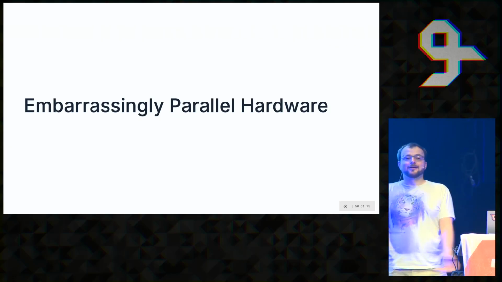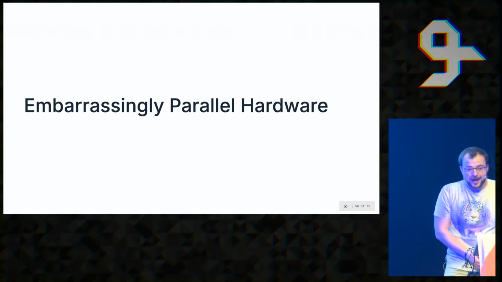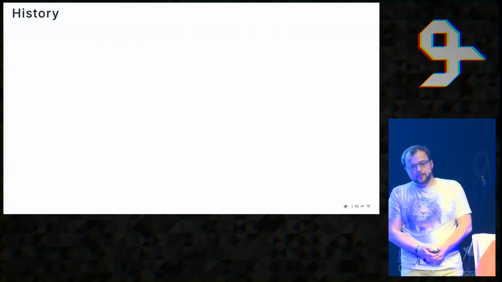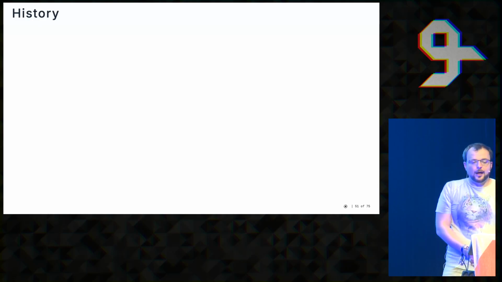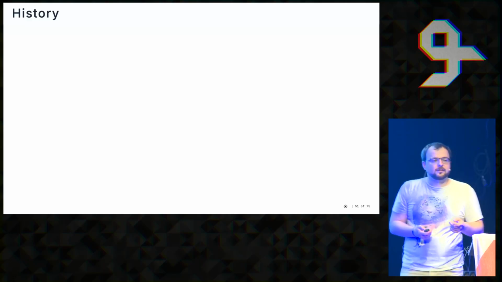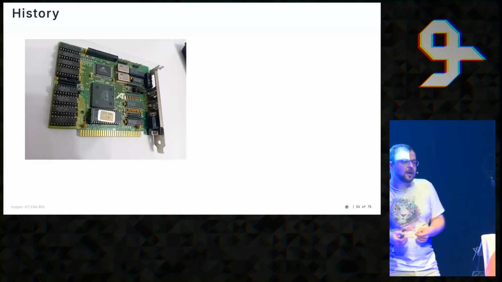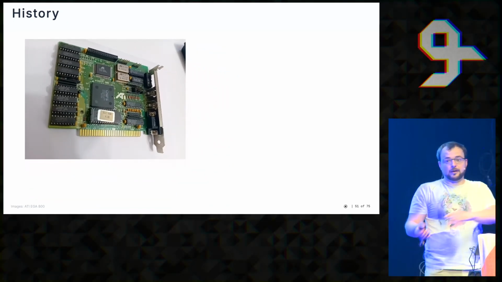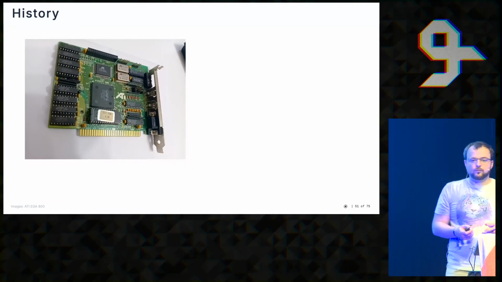So, what is the embarrassingly parallel hardware we're working with here? To quickly recap, GPUs started as acceleration units usually deployed to simplify some processing aspects, especially since memory was extremely expensive in the early days. So having a lot of different frame buffers, which is what you display, was prohibitively expensive.